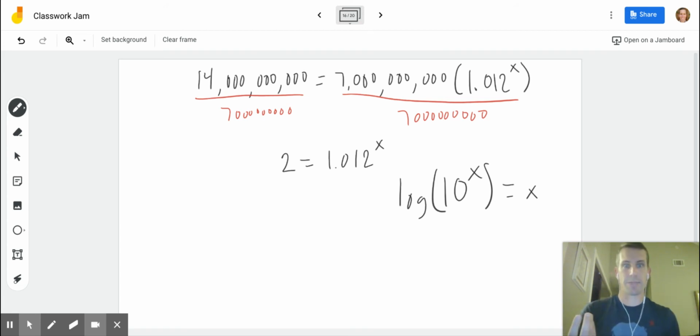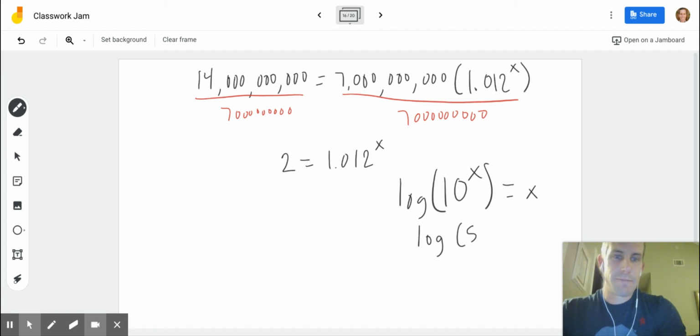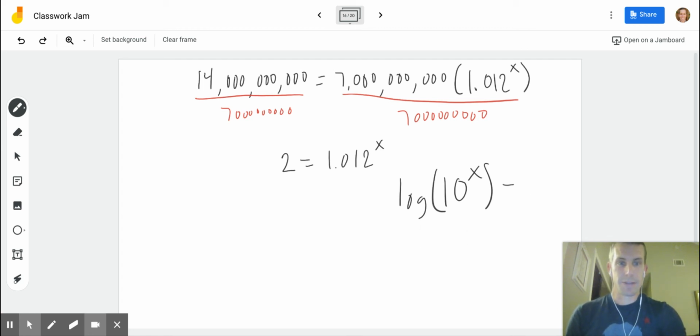Well, 10 to the xth power is 10 to the xth power. Just as another example, the log of 5 is asking 10 to what power is 5? I don't know what it is, but that's what we're asking when we take the logarithm of something. So let me clear these out. That was just a reminder.